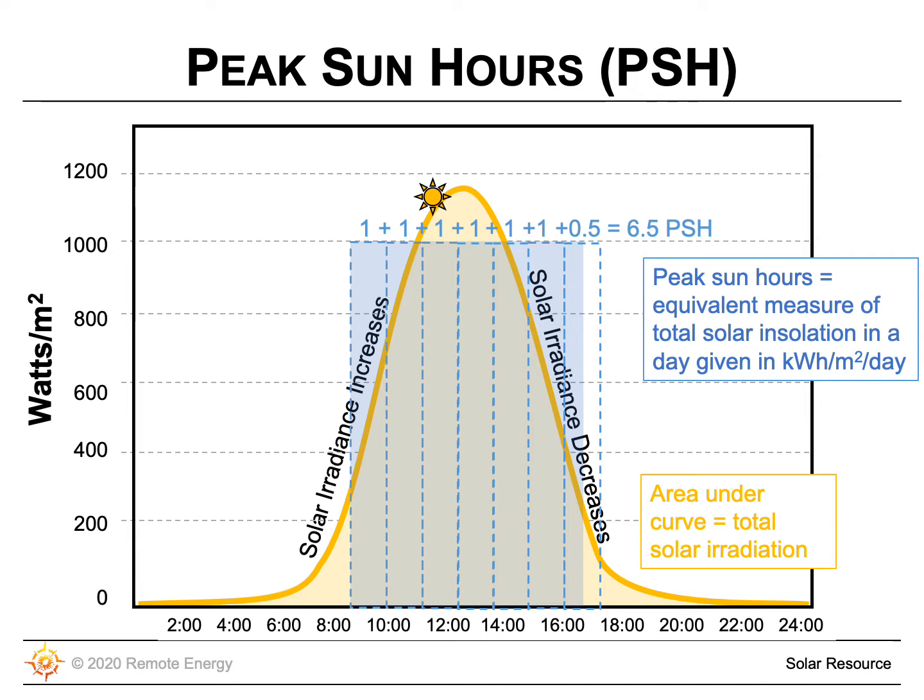So now 1 peak sun hour is equivalent to 1 hour at 1,000 watts per meter squared. These dotted lines here signify 1 hour.